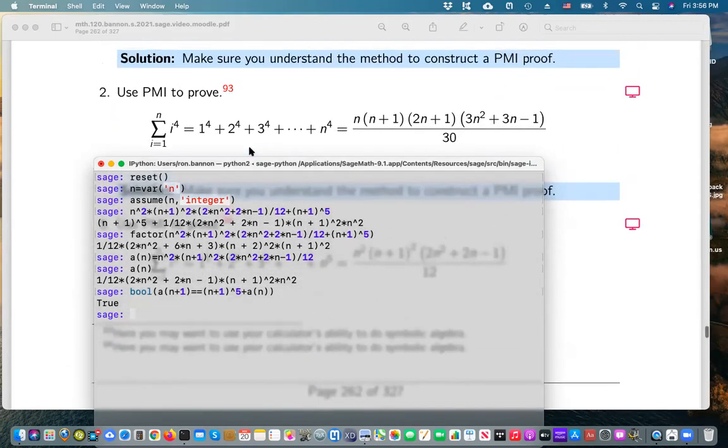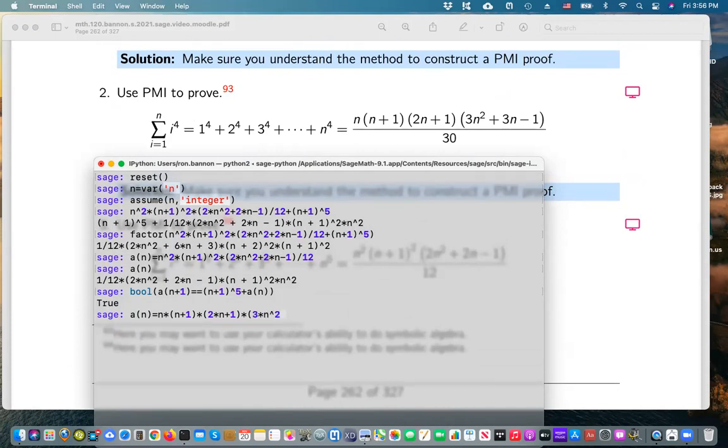I want to see if I can do this one. That looks tough, right? So I'm not going to clear the screen, by the way. I'm just going to define a_n now. a_n is n star n plus 1 star 2 star n plus 1 star 3 star n plus 3 star n minus 1 divide by 30.